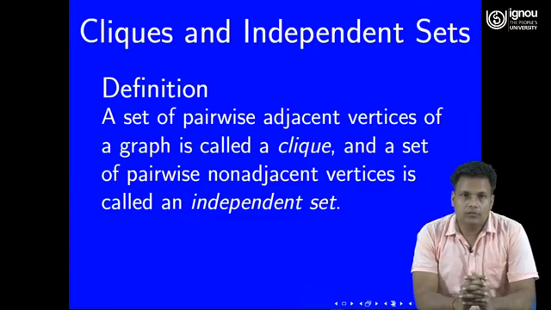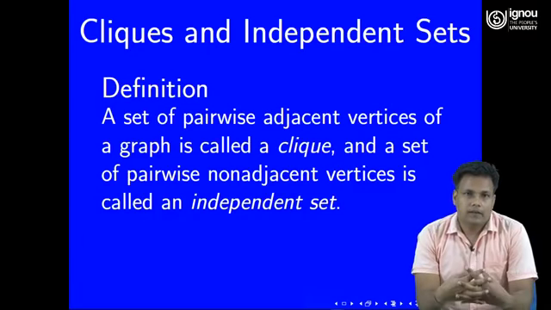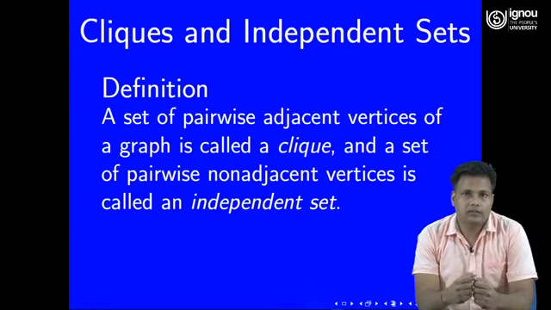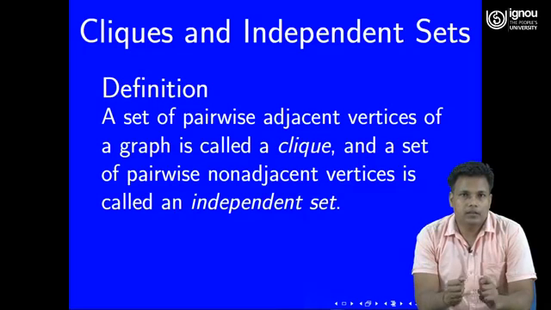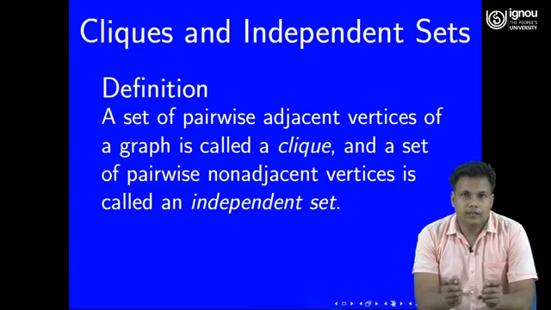And now we come to the concept of cliques and independent sets. It happens that a graph consists of a set of vertices which are pairwise adjacent, that is, which are pairwise neighbors of each other. And it might also occur that there is a set of vertices where none is connected to each other.